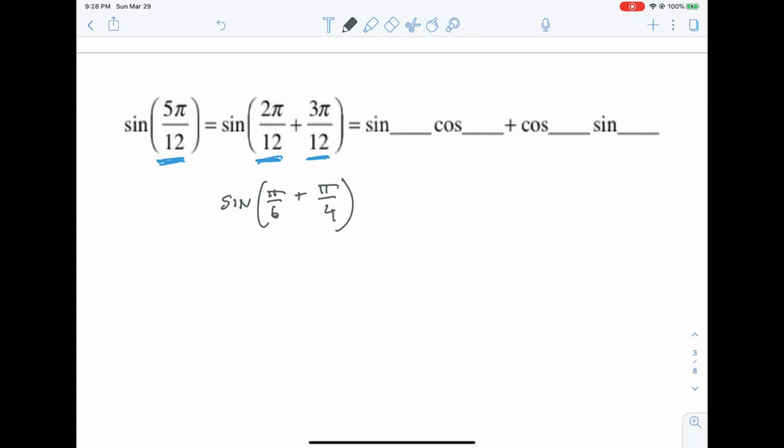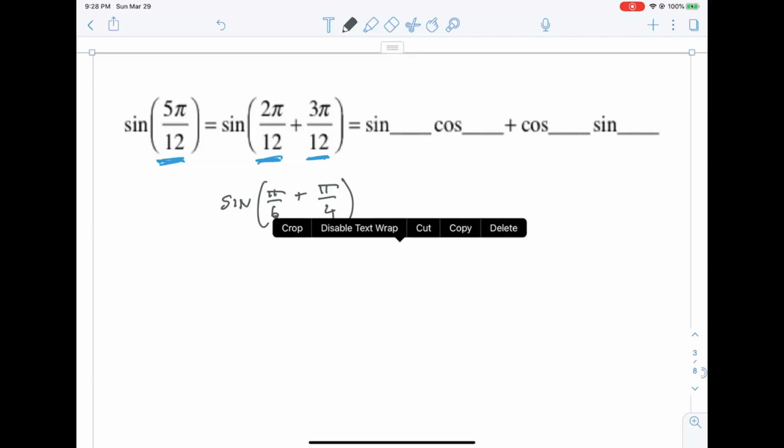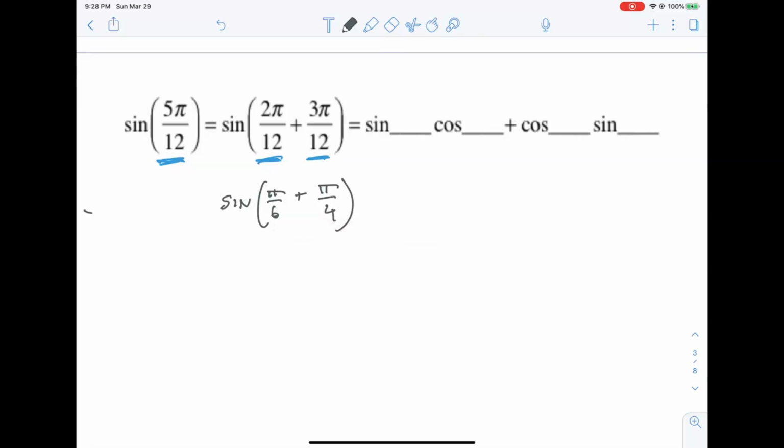And you can see that using the sum and difference identity of sine, actually it's the sum one for sine. Okay, that one is the sine of alpha cosine of beta plus the cosine of alpha and the sine of beta. All right, that's the sum addition one.